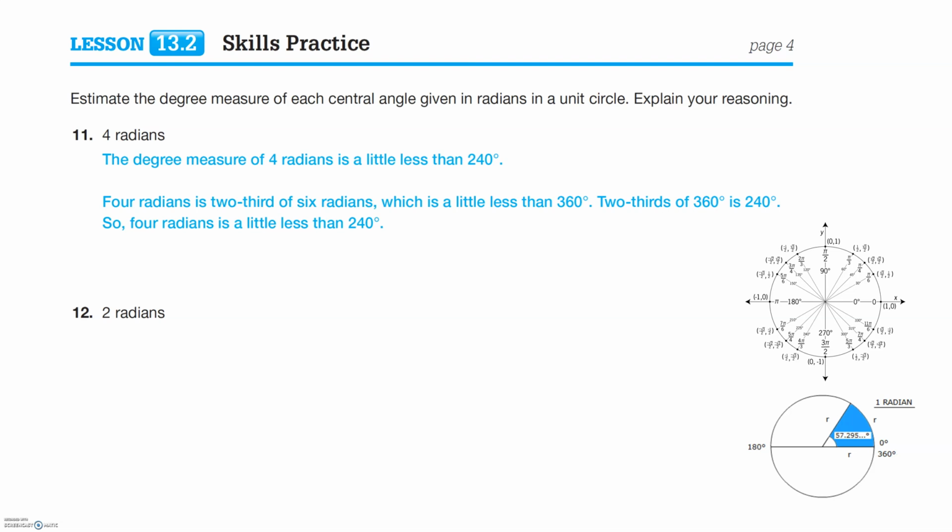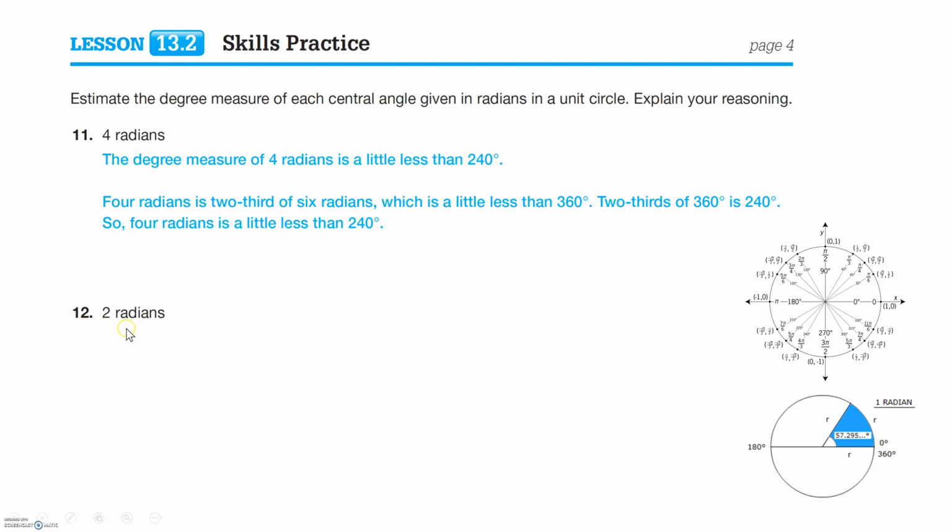Now that you have a better understanding of what a radian is and the unit circle as a whole, you can give an estimate using the reference angles from the unit circle to tell me approximately how much the given radians will be.